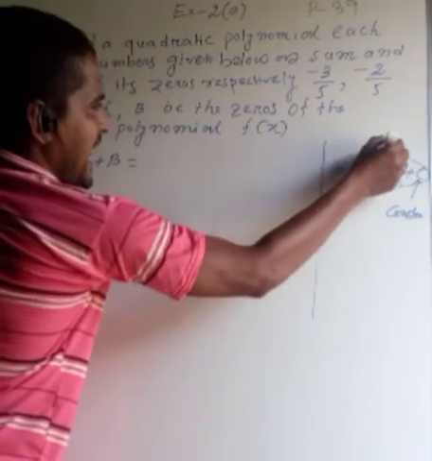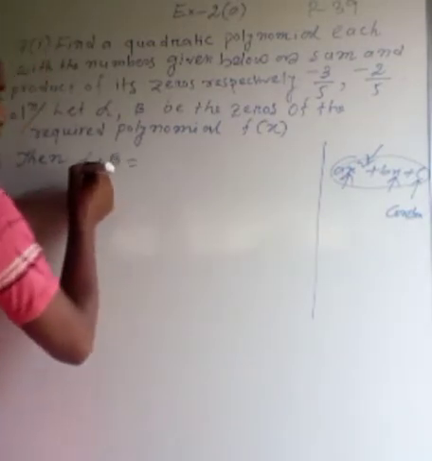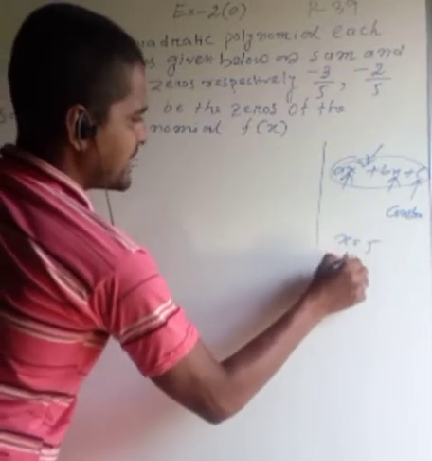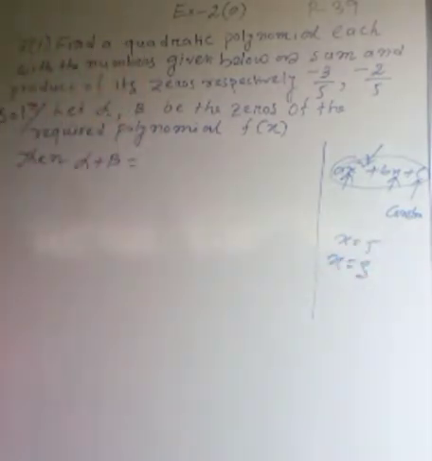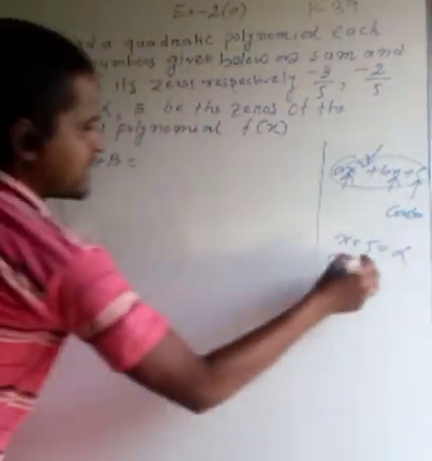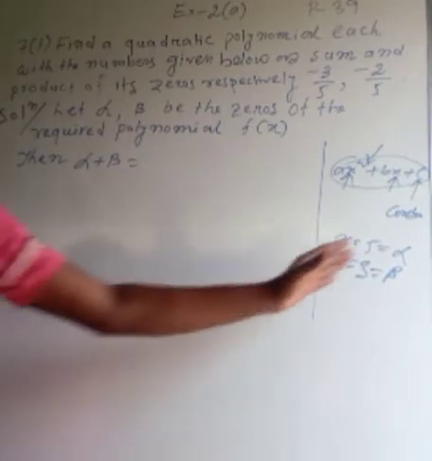Since there is x square, we can understand we will get two values of x when we do the middle factorization. Suppose we got x equal to 5 and another x equal to 3. The first one we can consider alpha, the second one we can consider beta.